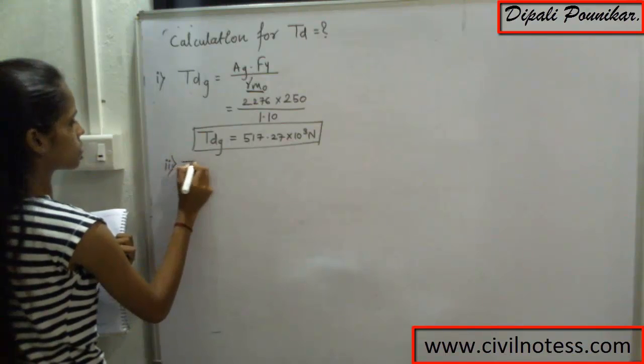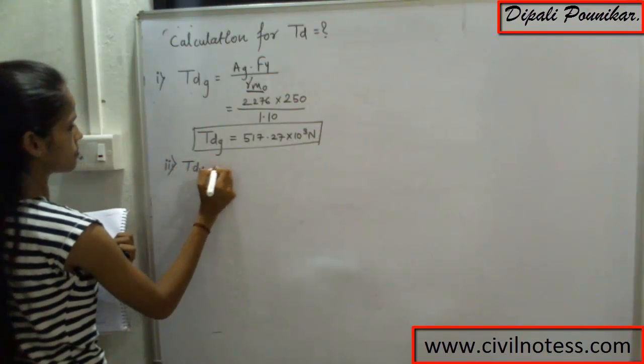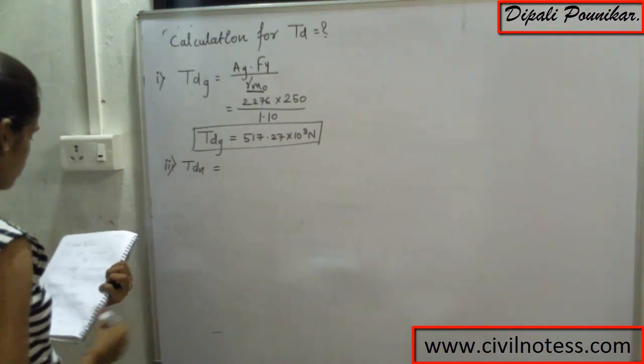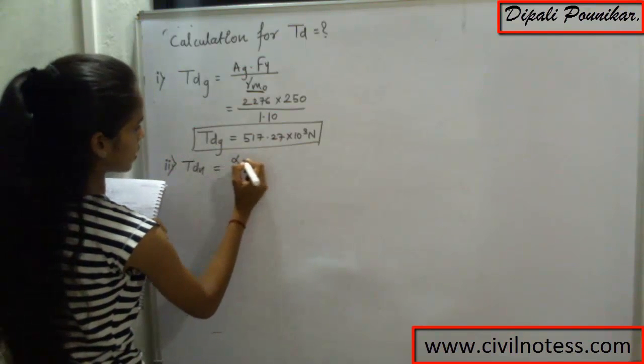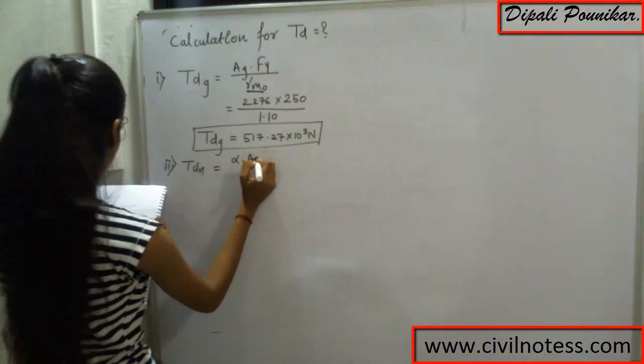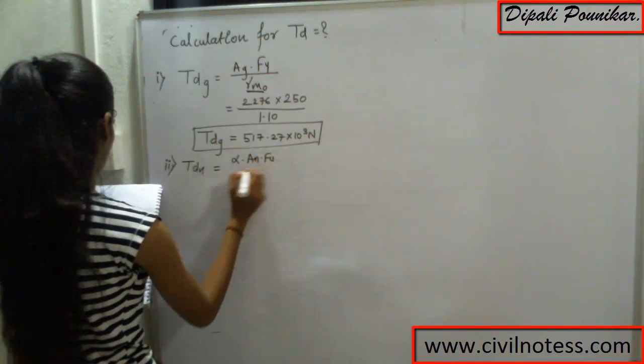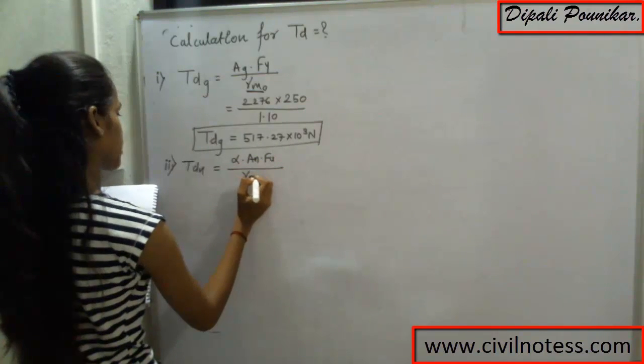Second is TDN, that is alpha into AN FU upon gamma m1.